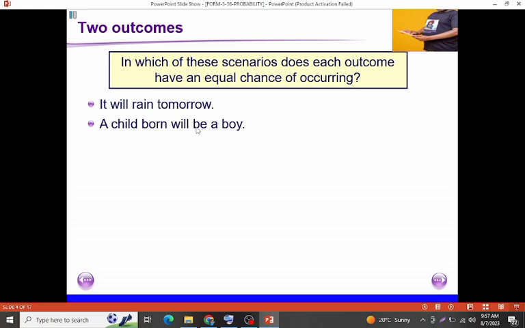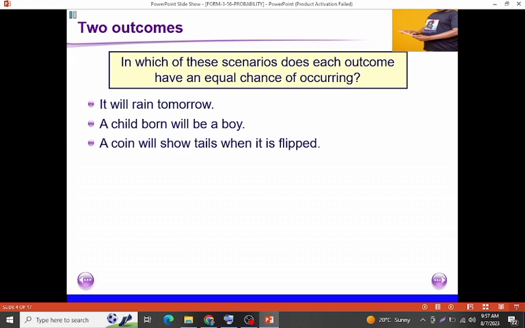Of course, when you're looking at this scenario here, you should not forget also that we have some children who are called transgender. You can have females, all right? People with both sexes. But let's suppose that is not the case. We are just looking at boy or girl. The child born is a girl, or the child born is not a girl, is a boy. Are these equally likely events? Think about it.